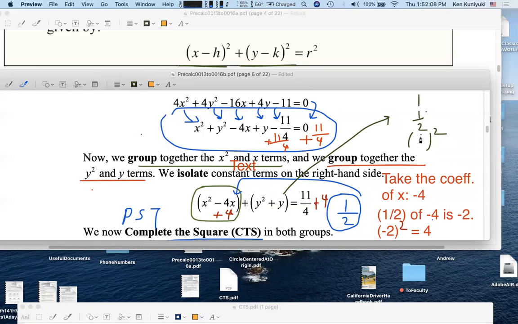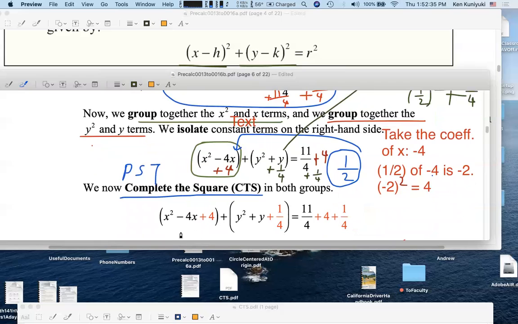The square of 1/2, what's 1/2 times 1/2? That's 1/4. So we have to add 1/4 to this group over here. But if I add 1/4 to the left, what else do I have to do? I have to add 1/4 to the right. We're a real mess here.